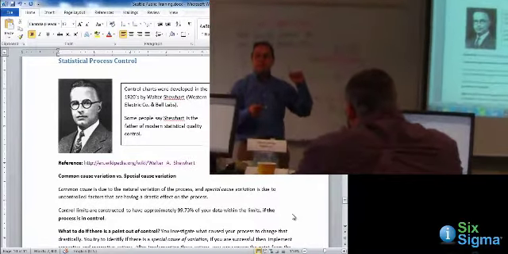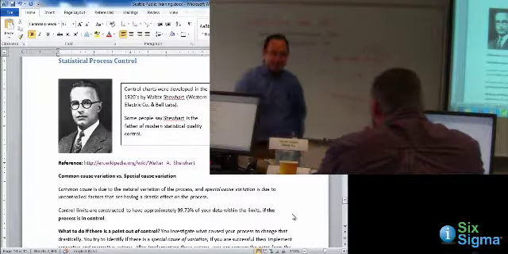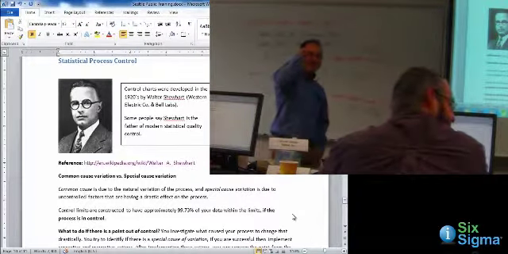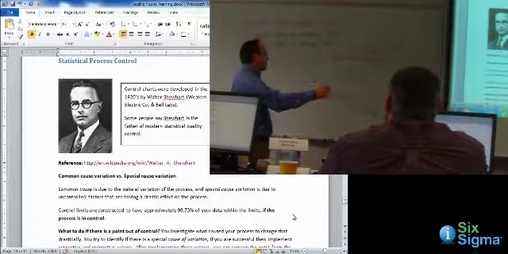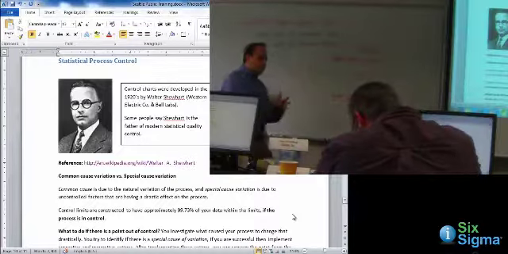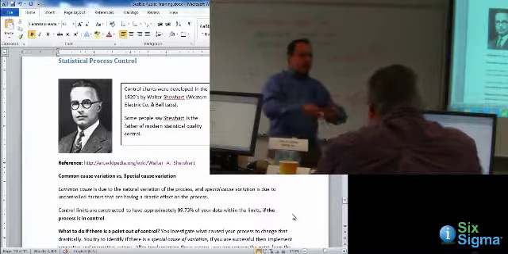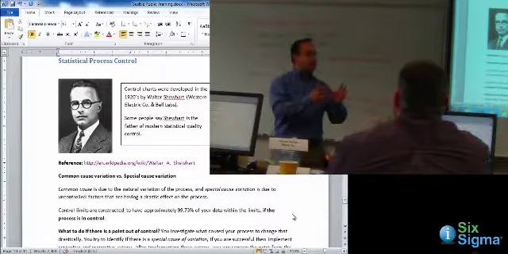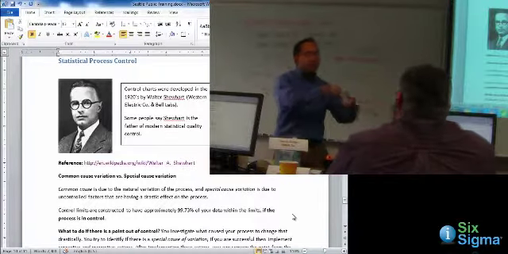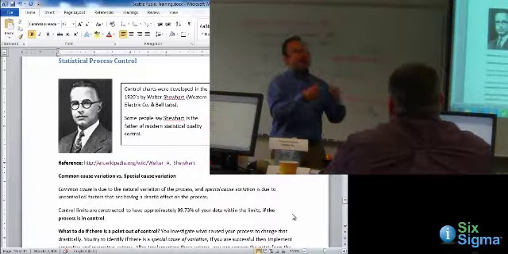A rational subgroup is essentially a point in time in which you go to the process, and the conditions will be fairly similar, which allows you to obtain not just one sample, but more than one sample at the same time. Say you go to the process from 8 a.m. to 9 a.m. and you get 6 samples completely at random.